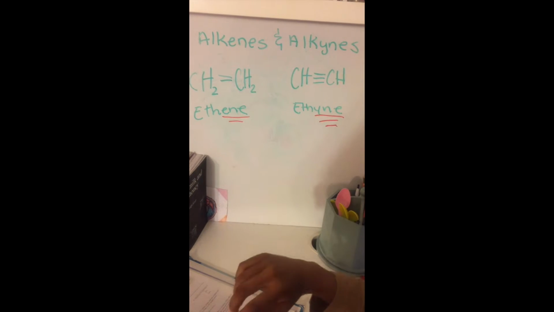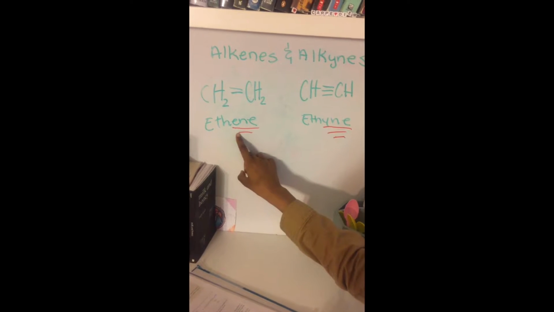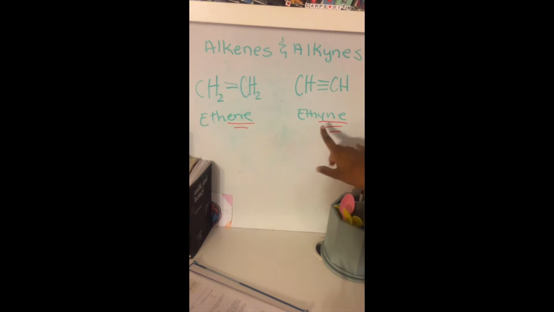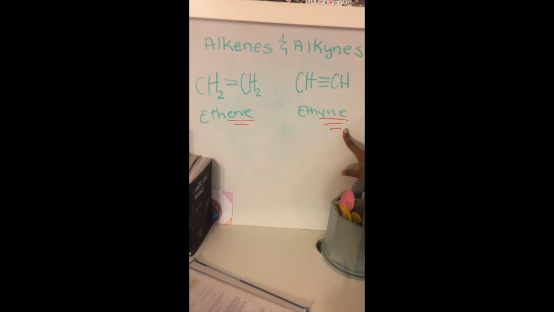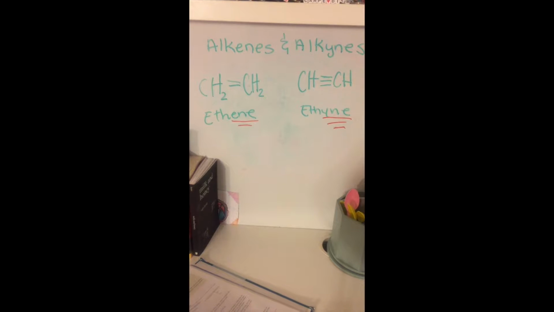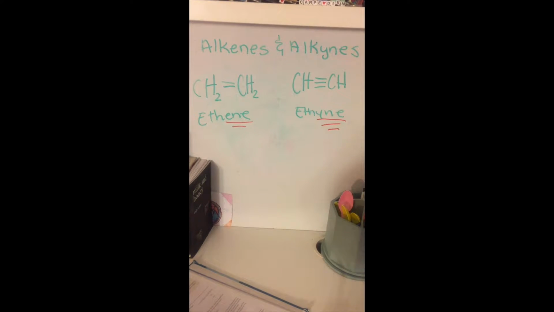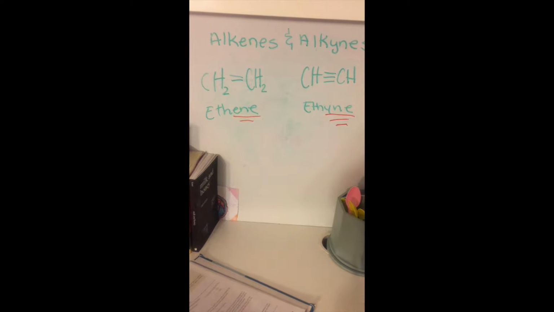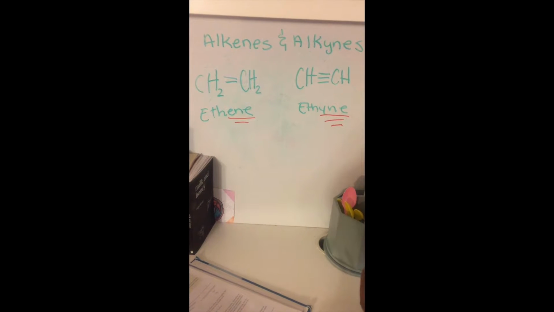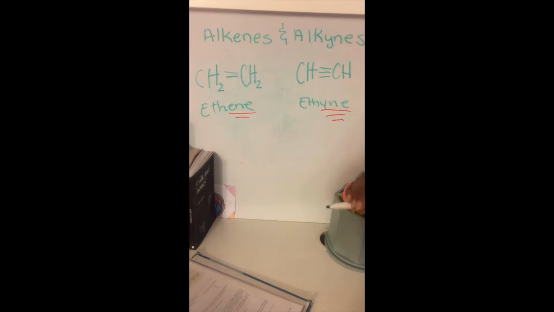And it's really simple how you name them. You just write ene at the end as a suffix, and then you write yne as the suffix for anything that has a triple bond that's a hydrocarbon, remembering that an alkane, which is the simplest saturated type, you would put ane. So it's very simple to know how to differentiate between them.